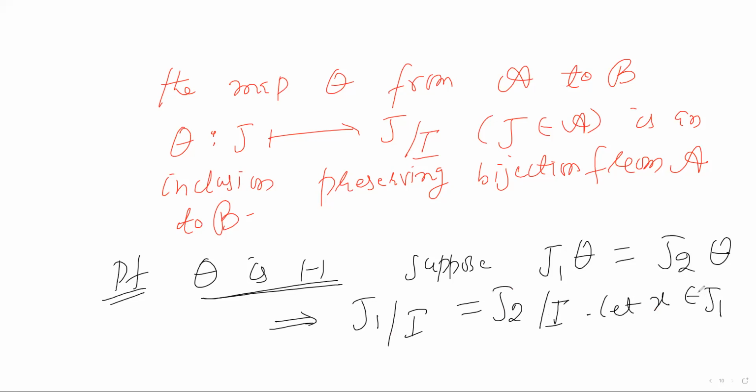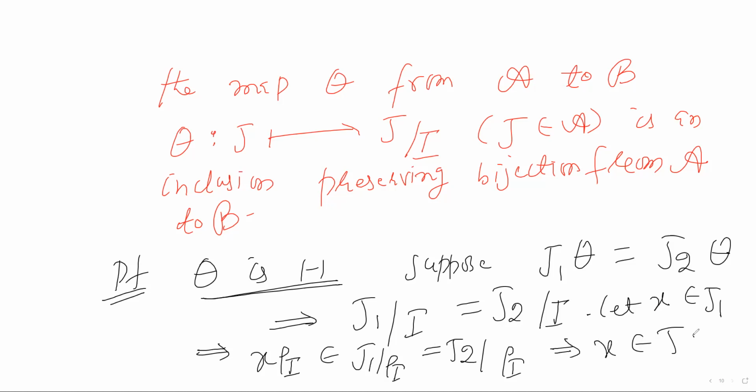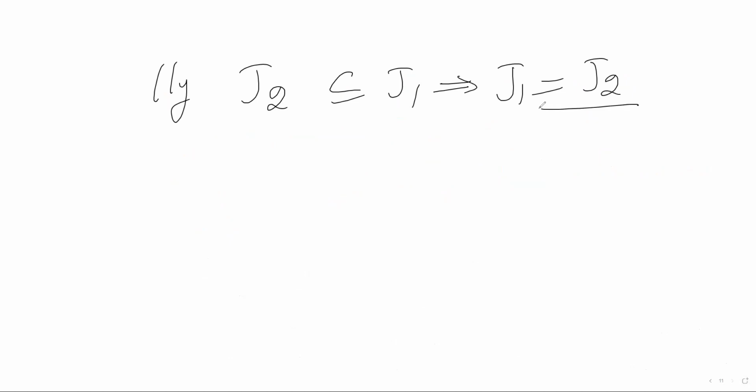Then x rho I belongs to J1 over rho I, which is the same as J2 over rho I. So x must be an element of J2. So J1 is a subset of J2. Similarly, we can show that J2 is a subset of J1. So J1 is the same as J2, and theta is 1-1.